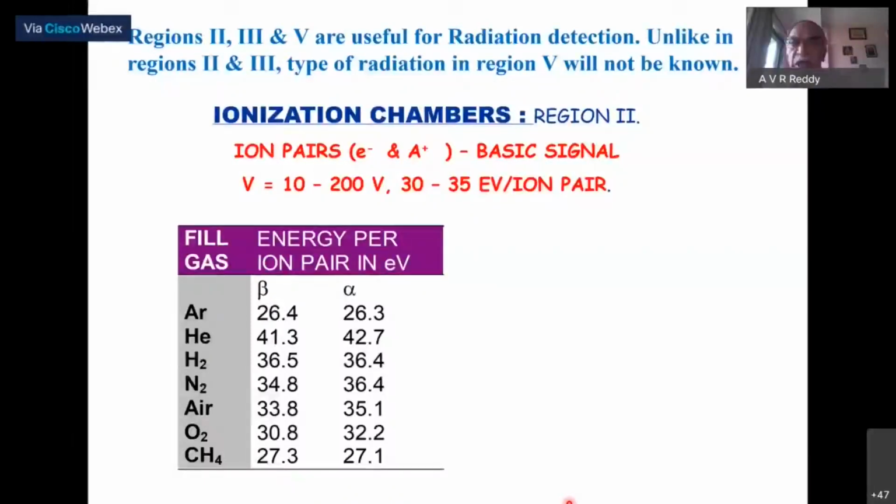As I told just now, regions 2, 3, and 5 are useful for making radiation detectors. Region 2 is called ion chambers, region 3 proportional counters, and region 5 GM counters. Unlike in regions 2 and 3, as I explained just now, the type of radiation in region 5 will not be known.